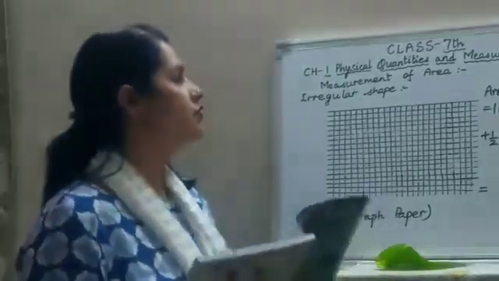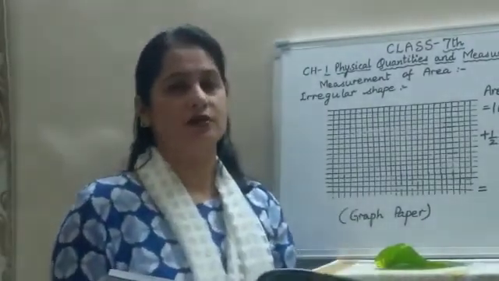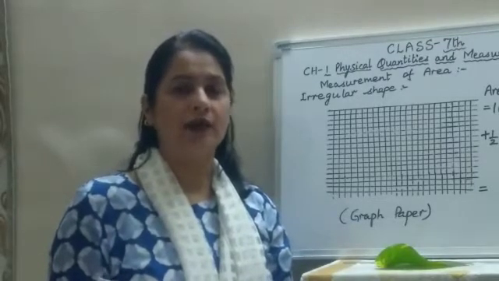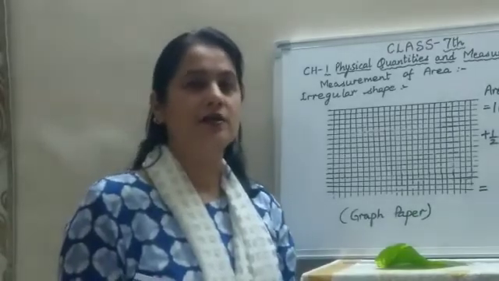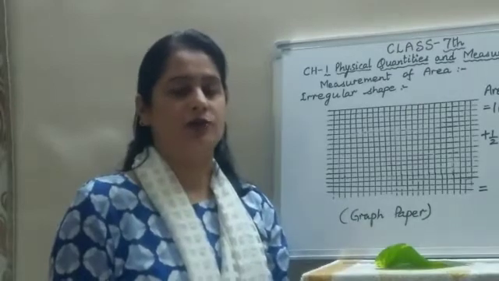Children, we were doing chapter number 1, physical quantities and measurement, in which I told you about volume and area. Now, what is area? Area is the measure of the surface covered by any object.